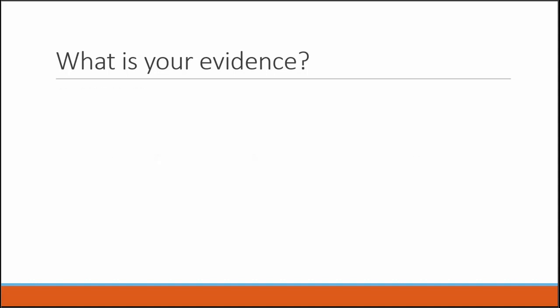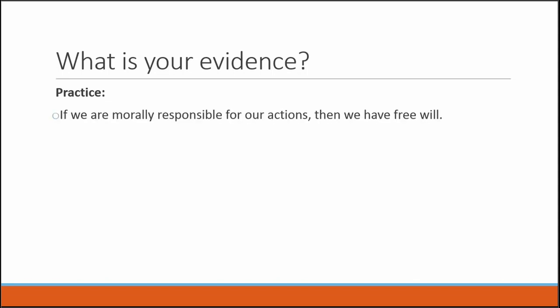So let's do a little practice, see if you can figure out which simple statements are asserted and which are not. If we are morally responsible for our actions, then we have free will. The sentence has two simple statements. We are morally responsible for our actions, and we have free will.